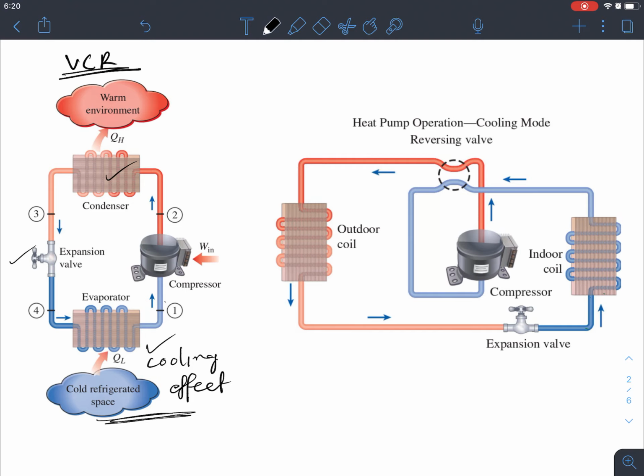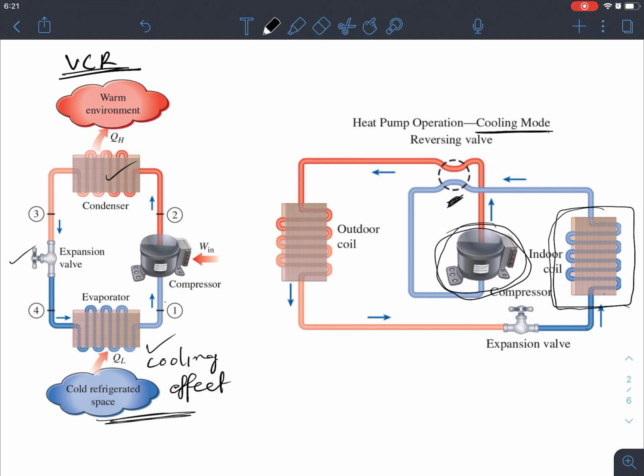Now let's take a look at the heat pump. A heat pump also has a compressor, which is handling the gas or vapor. There is also a regulating valve, or reversing valve, and this valve can change the flow direction. Right now, to get the cooling mode, we are putting the evaporator indoors.